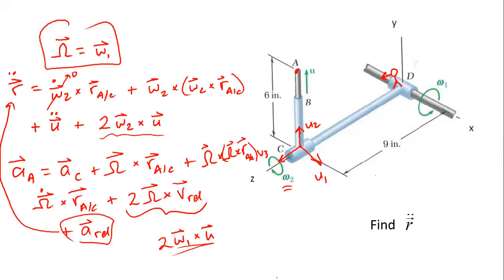If you had done your capital omega as being omega 1 plus omega 2, then you get the same thing, because here you'd have omega 1 plus omega 2, and you wouldn't have this Coriolis term up here. So you get to typically choose, and you should know which way all these terms go, but when you choose your capital omega, that then controls whatever your terms are going to be.